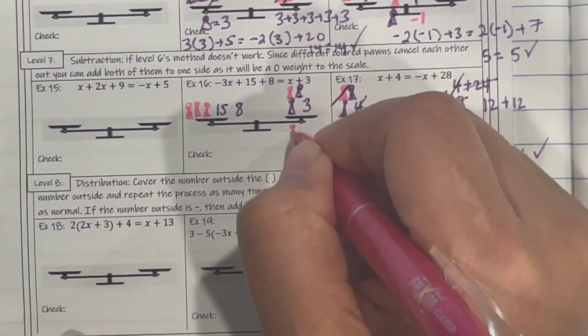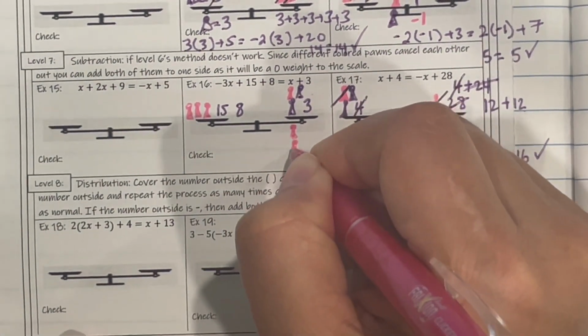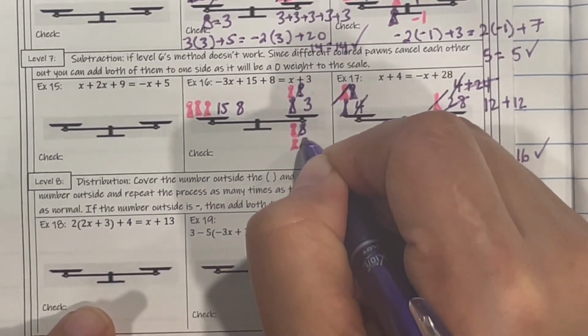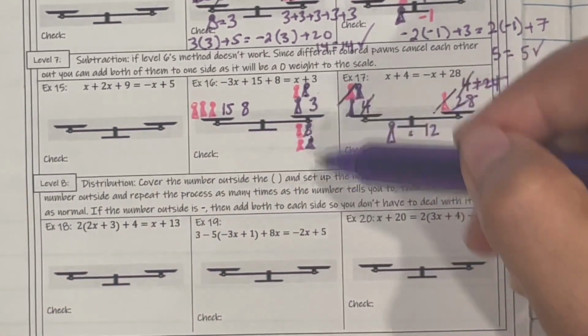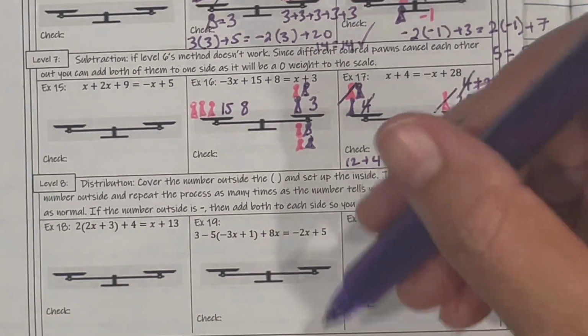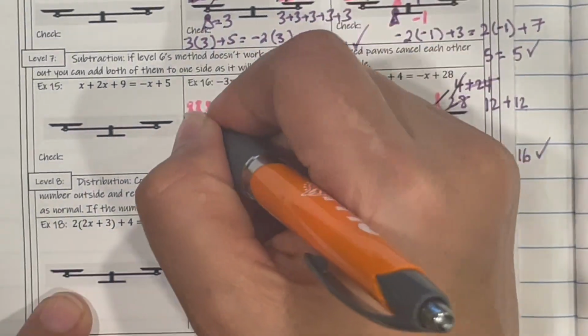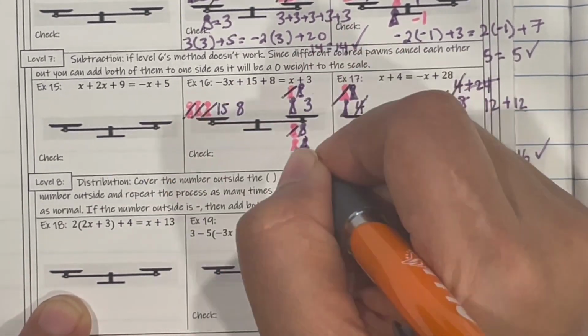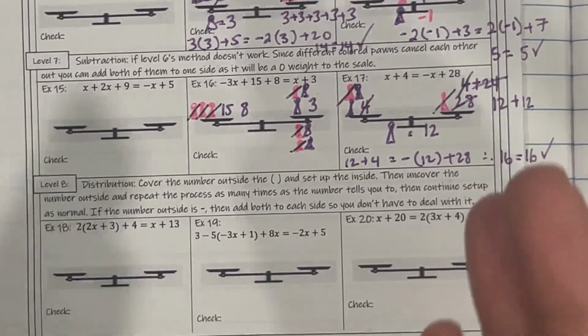So I'm going to do a light and a dark. All right, so I've added them 3 times and nothing has changed on this side because these cross out. They weigh the same on the same side. But now that I've done that, I can remove the light on every single side 3 times without penalty, and my scale is still balanced.